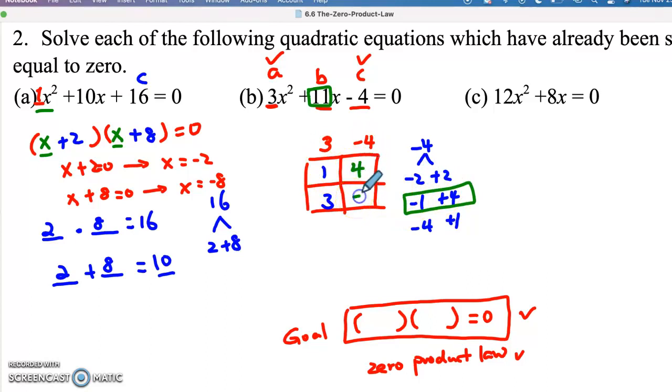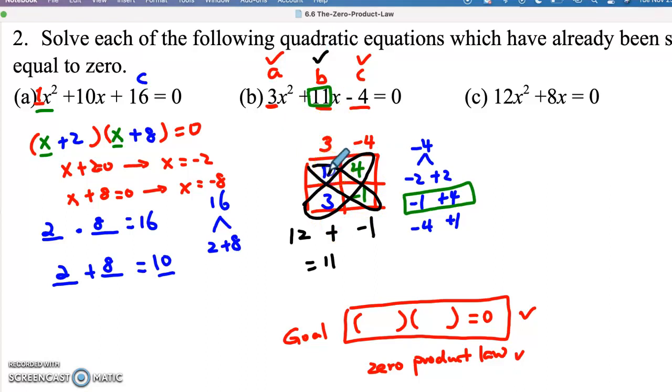I'm gonna put -1 here. All right, cross multiply. 3 times 4 gives me 12. 1 times -1 gives me -1. When I add those 2 numbers, it gives me 11, which is B. Okay, so that means this is the right pair we are looking for.